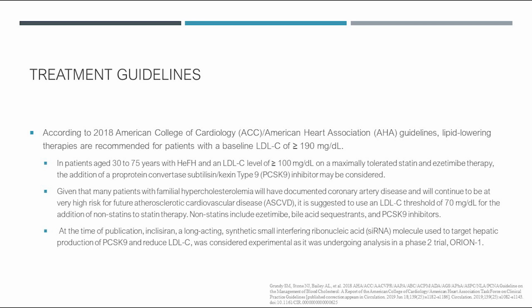At the time of publication, inclisiran, a long-acting synthetic small interfering ribonucleic acid, or siRNA molecule, used to target hepatic production of PCSK9 and reduce LDL-C, was considered experimental as it was undergoing analysis in our phase 2 trial, the Orion 1 trial.